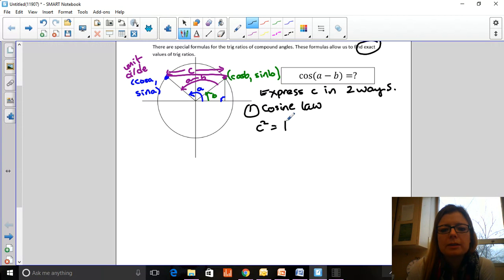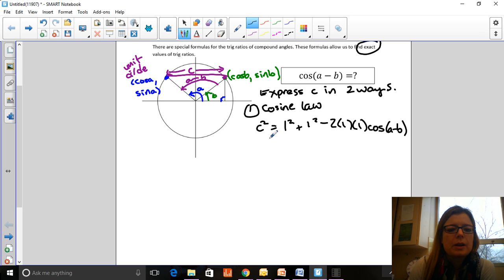So 1 squared, plus the length of this, which again is 1, squared, minus 2 times 1 times 1 times the cos of the opposite angle, which is A minus B. If we simplify this, we get C squared equals 2, since 1 squared plus 1 squared is 2, minus 2 cos of A minus B. So that's the conclusion we come to there.